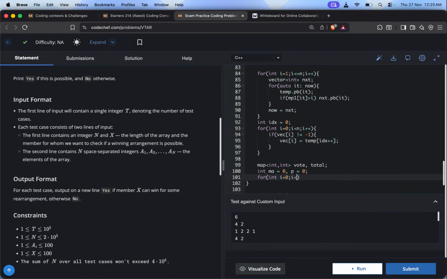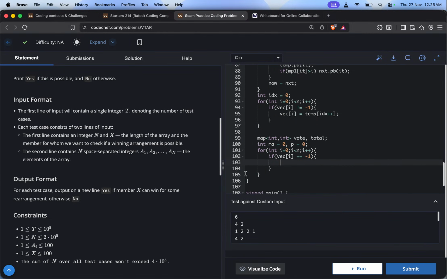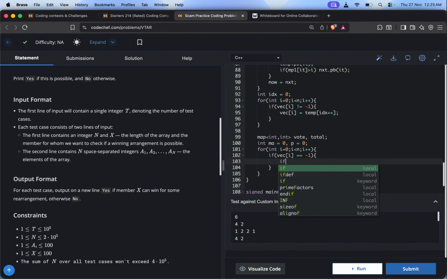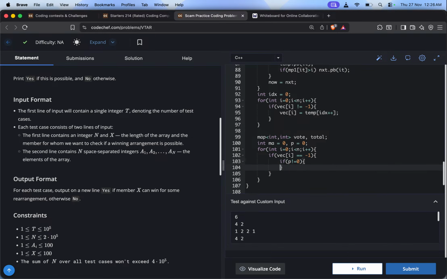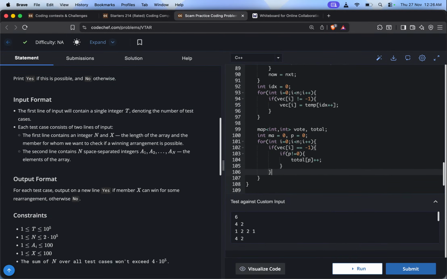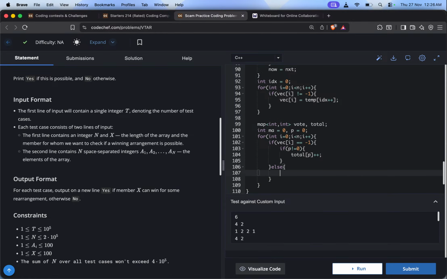Now iterate over all the elements of vec. If vec equals minus 1, that is, the person is decided from the prefix. If the prefix does not say that the person with maximum frequency is 0, that is, it exists, then give a vote; the total vote of that person increases. What in the else part?